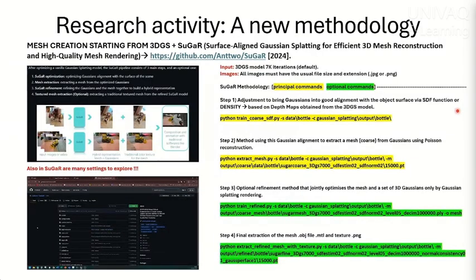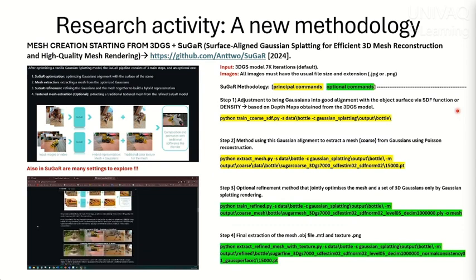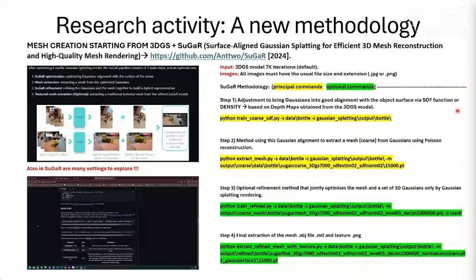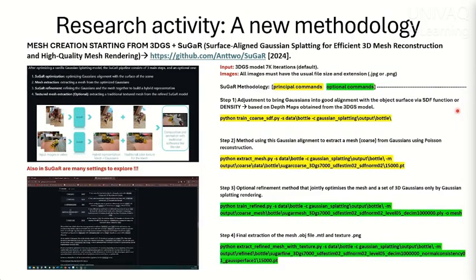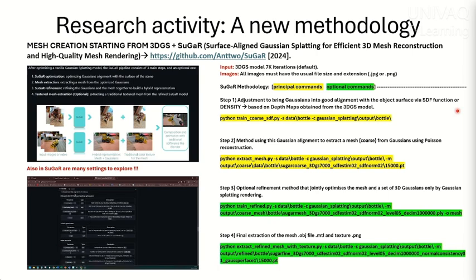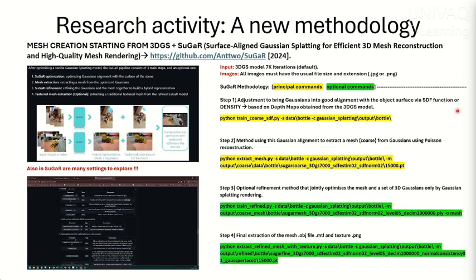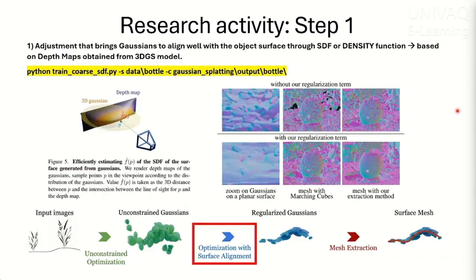In 2024, an important plugin for 3D Gaussians was developed that creates a high-quality mesh. The steps, of course, involve many settings too. The first is an adjustment that brings the unconstrained Gaussians in the 3D Gaussian model, which is the input of the SuGaR method, to align well with the object surfaces through the SDF or the density function based on the depth maps obtained from the 3DGS model.